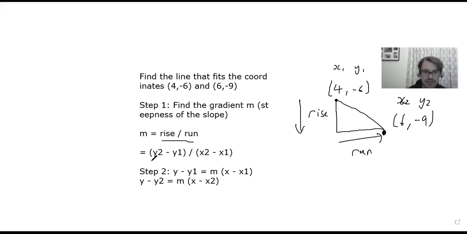So the formula we use is here. M equals y2, which is minus 9, minus y1, which is minus 6. So I'll put that in brackets.